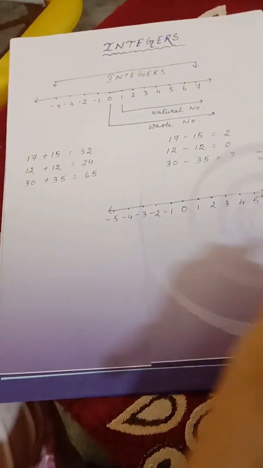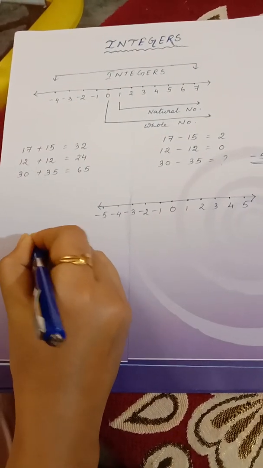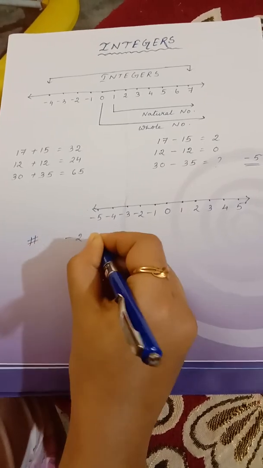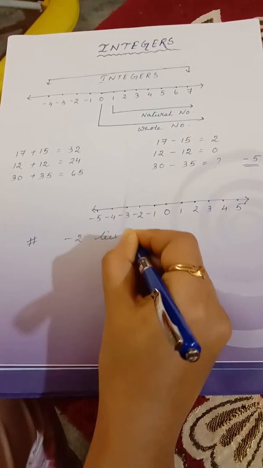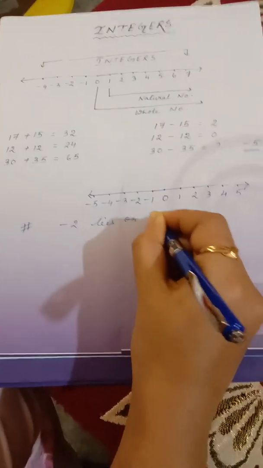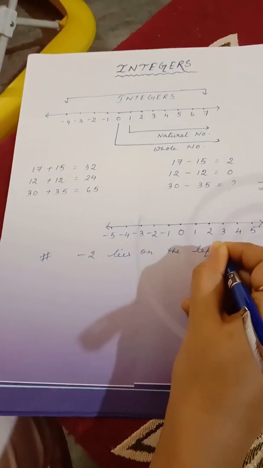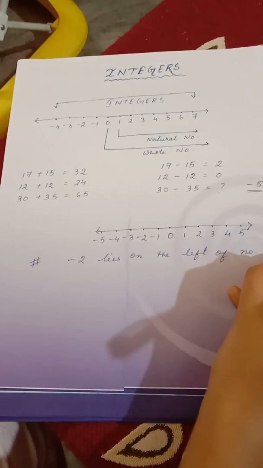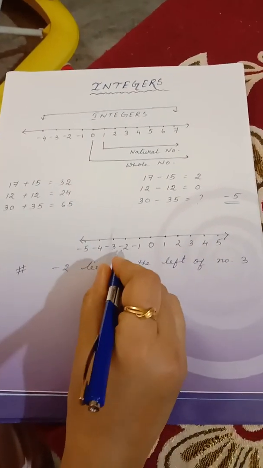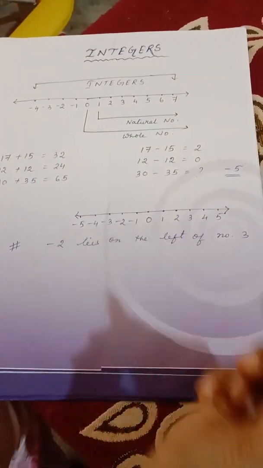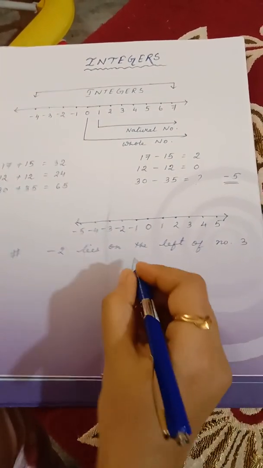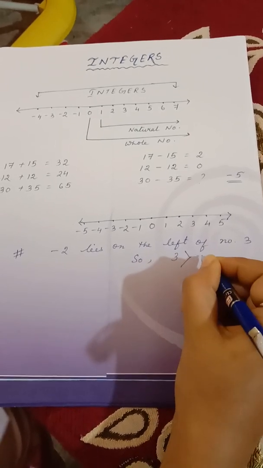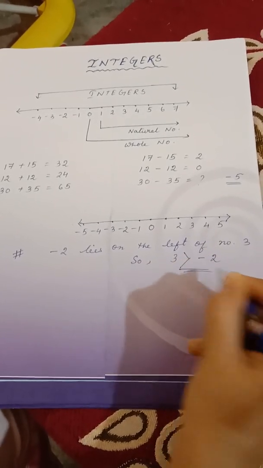So for example, -2 lies on the left of number 3. You can see here that -2 lies on the left of 3. So we can say that 3 is greater than -2.